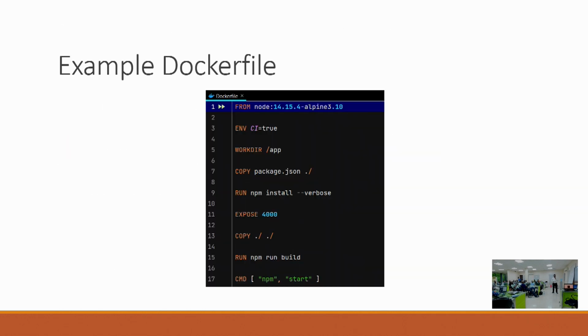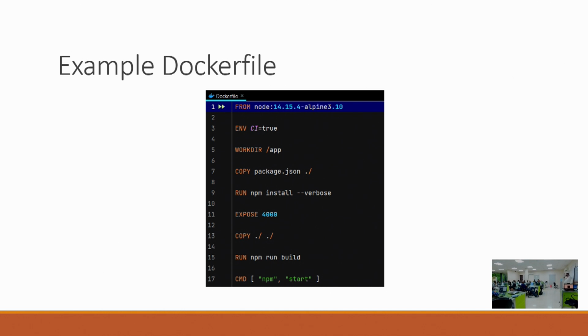So we have an example Dockerfile. This is the Dockerfile I've been showing since the beginning. Again, if you are trying to build an image, first you specify the base image. As you can see, I'm specifying it here: Node 14, with tag 14.15.4-3.10. This is my base image. I'm trying to create a Node.js server.